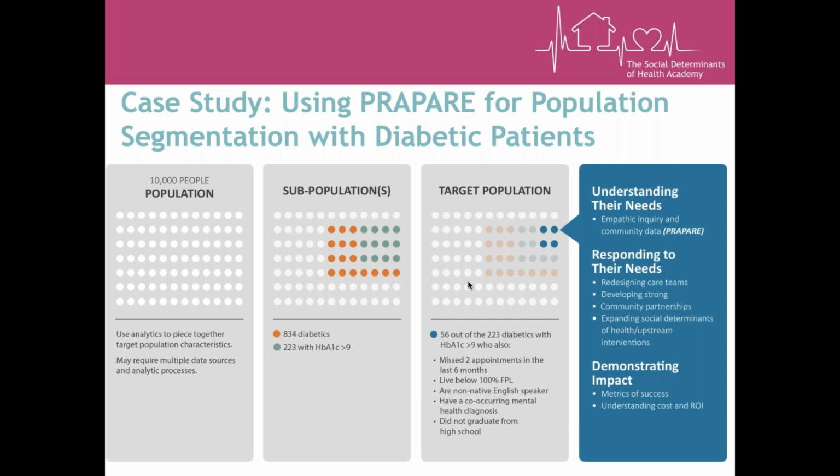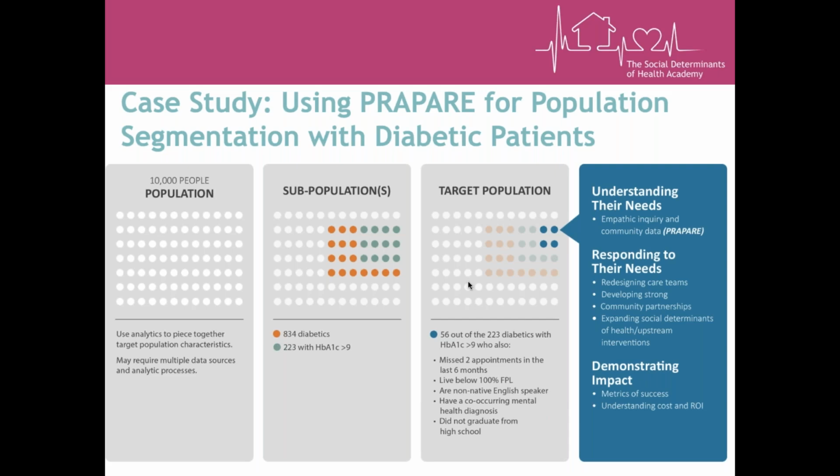So you start segmenting that into your diabetic population. You segment that population further by focusing on your uncontrolled diabetics.